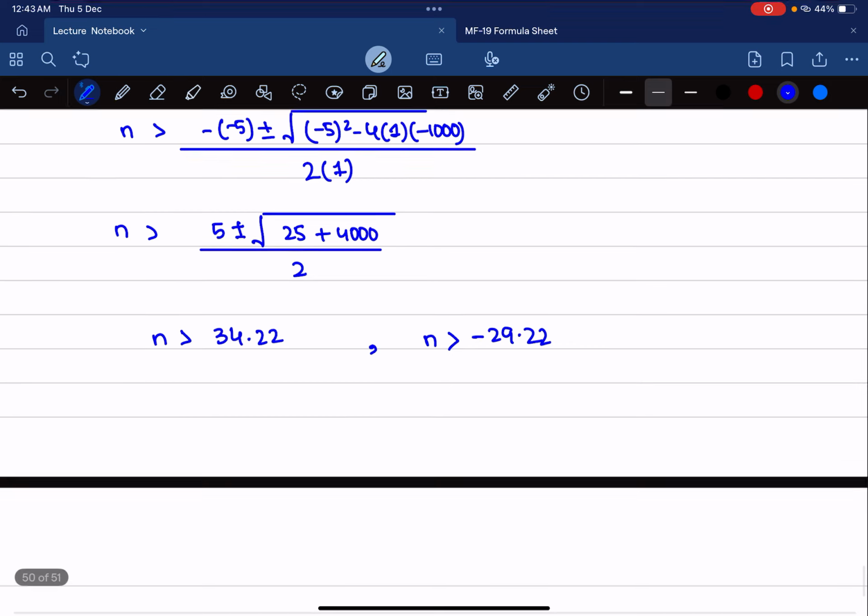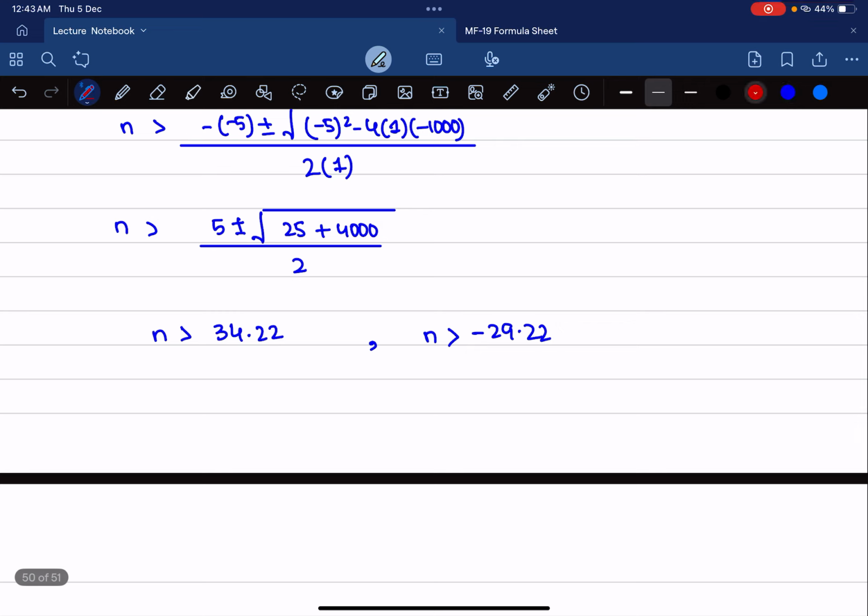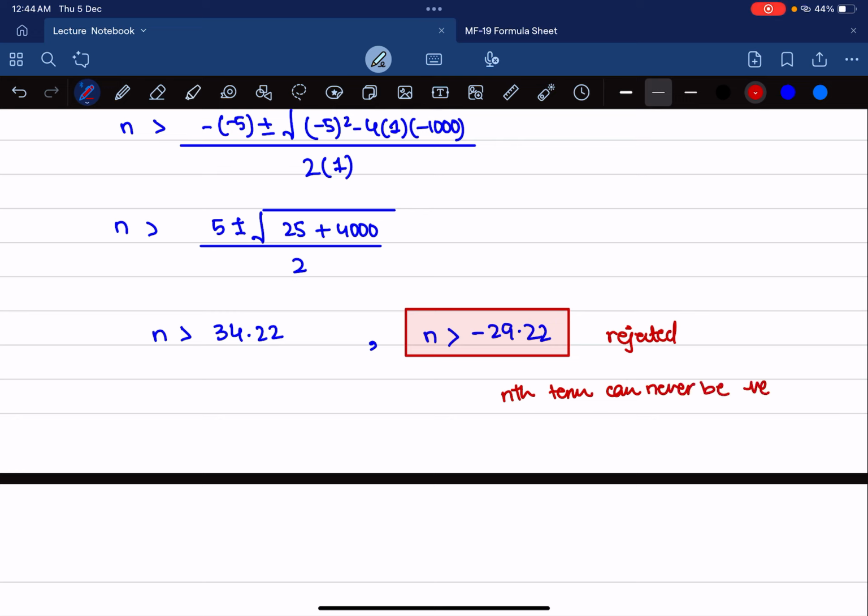Now notice that you have a negative value in your answer. You are simply going to reject the negative value. Why? Because your nth term can never be negative. So you are going to reject the negative answer and you are only left with one answer, which is n is greater than 34.22.